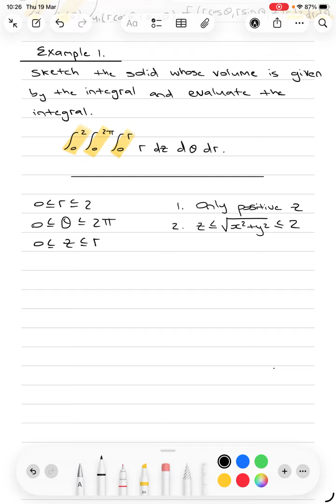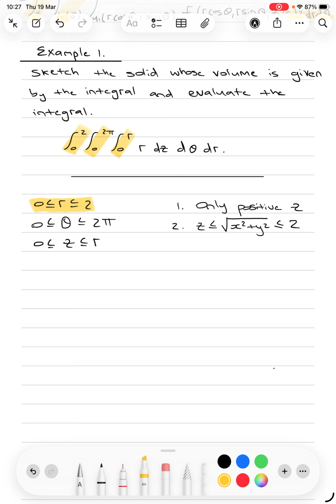And we were also given that r is not anything bigger than 2, right? So the limits of integration for z mean only positive z, and z is at most 2, since z is bounded above by r, and r is at most 2.